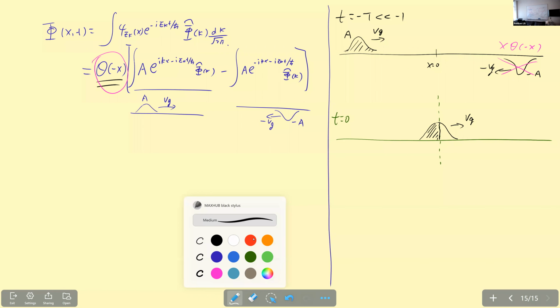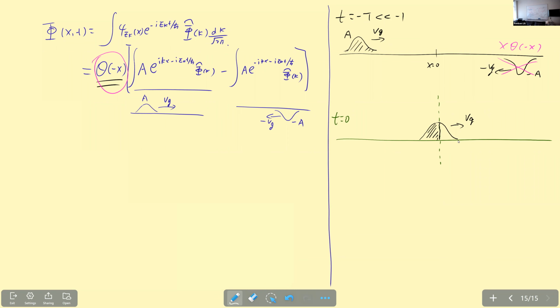And then another wave packet, moving from here, but only this one is real. So effectively you get a wave packet something like this. This one will be cancelled, and you have a wave packet that's only on the left.